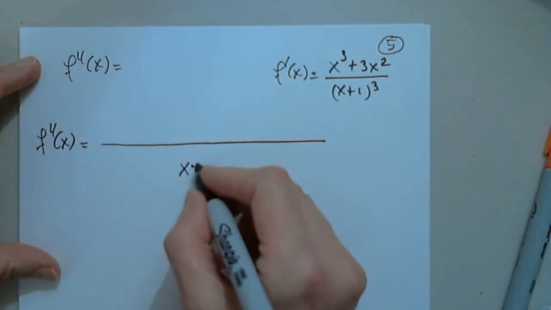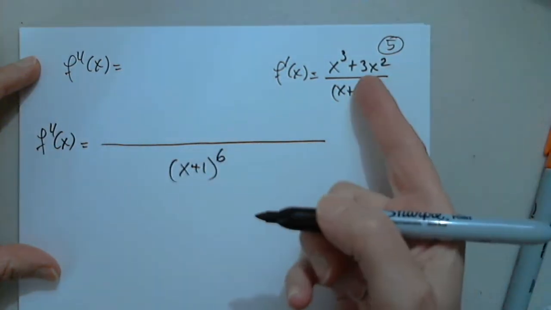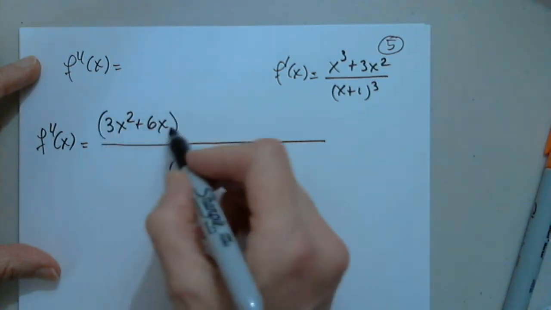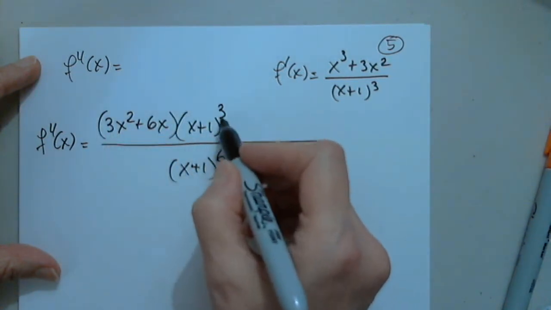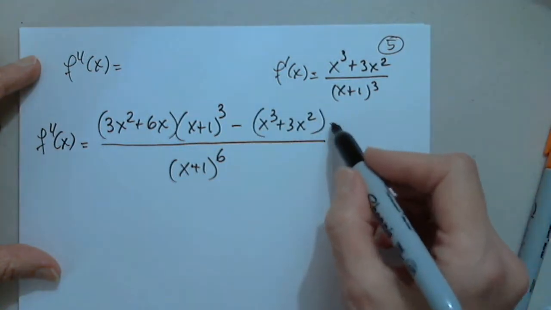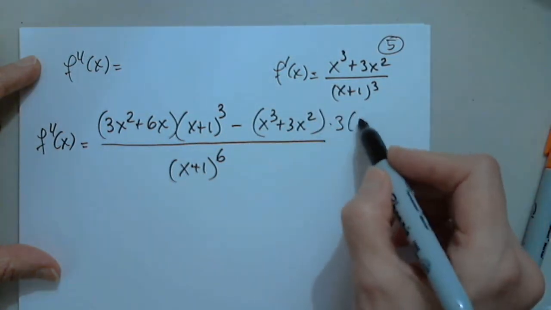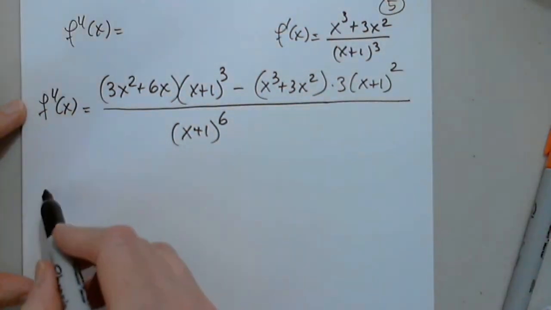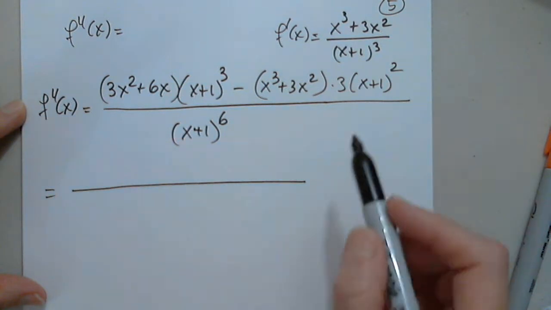The denominator is (x+1)^6. The numerator: (3x^2 + 6x)(x+1)^3 minus (x^3 + 3x^2) times 3(x+1)^2 times 1. Do not multiply.